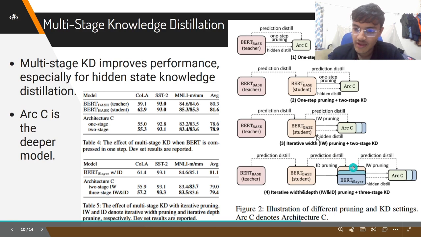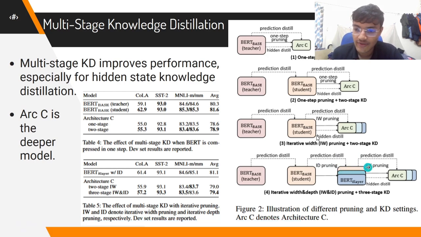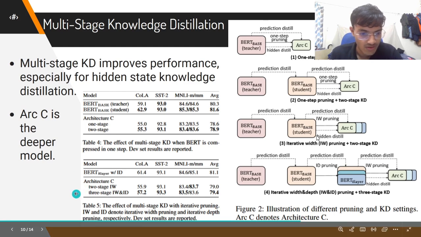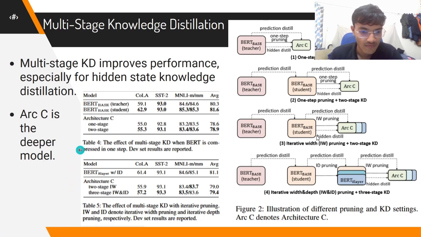Then after we get a constant value, we do pruning in the width direction and knowledge distillation again, iteratively, until we get a constant value. So these are some of the results of multi-stage knowledge distillation. You can see BERT base and BERT student and architecture C, which we got earlier.